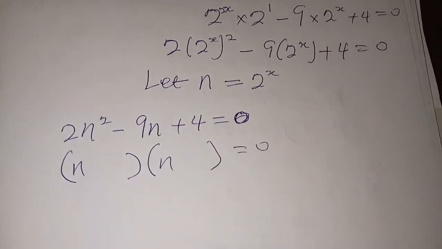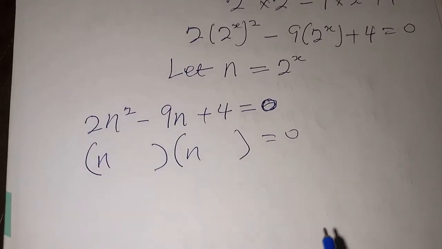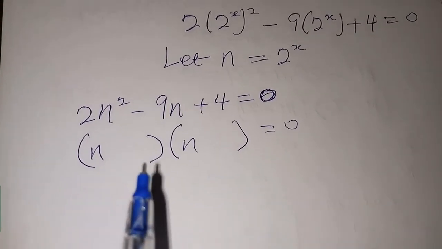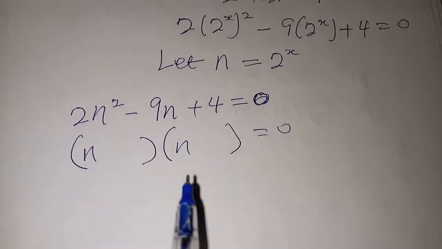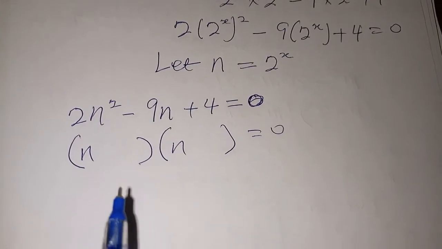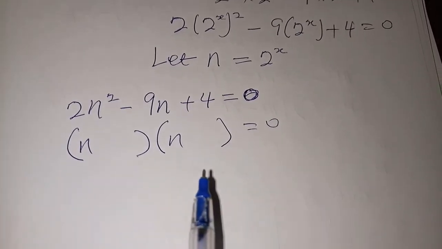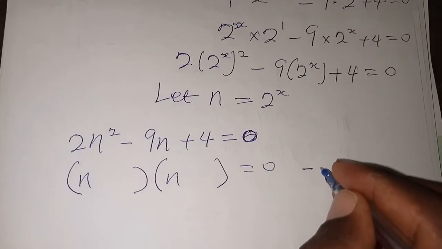So we are looking for two factors of 8. Then when we add, we'll get -9. Because the product of the factors is +8, and when we add them we get -9, it means that both of them must be negative. And I'm sure you agree with me that these factors are -1 and -8.